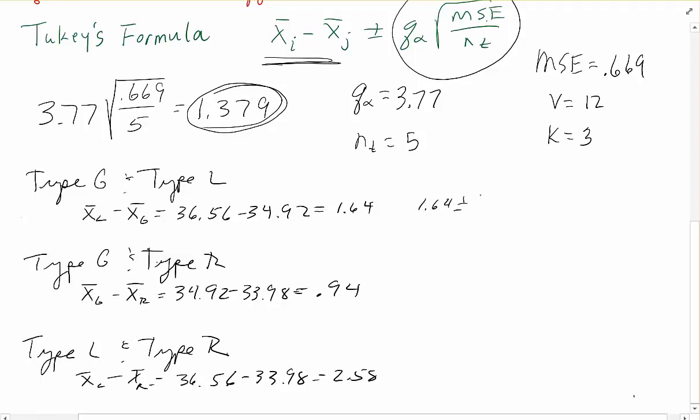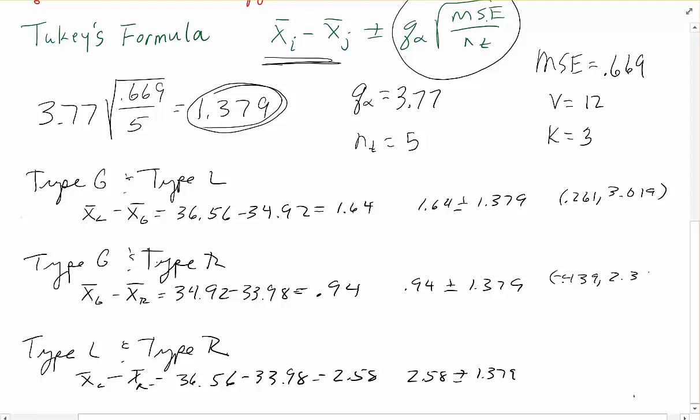So let's go back. 1.64 plus or minus my margin of error. 0.94 plus or minus my margin of error. Because the sample sizes are all the same, that margin of error does not change. And then 2.58 plus or minus my margin of error. And then my confidence intervals would be 0.261 to 3.019 for type G and type L. For type G and R, I'd have negative 0.439 and 2.319.